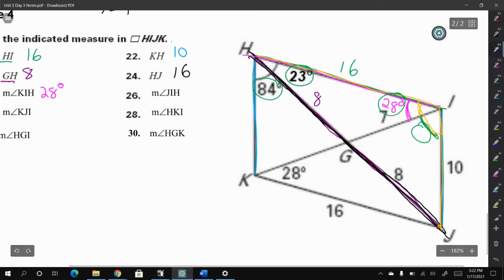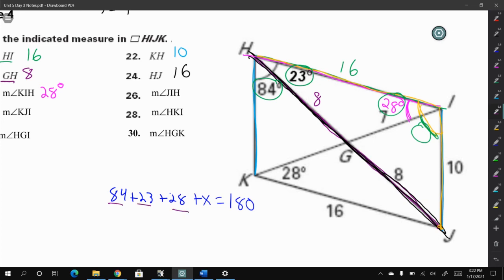So let me do that. Let me do 84 plus 23 plus 28 plus x equals 180, because we're trying to figure out one of the angles. All right, so then I'm going to get my calculator. I'm going to add up 84 plus 23 plus 28, and I get 135.